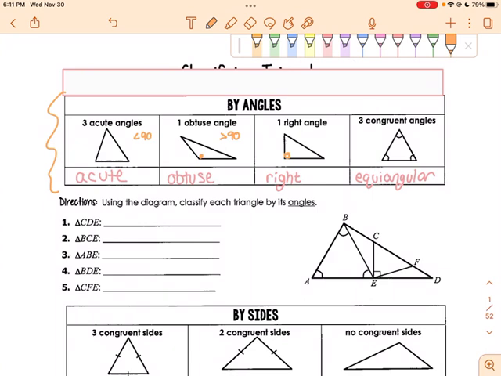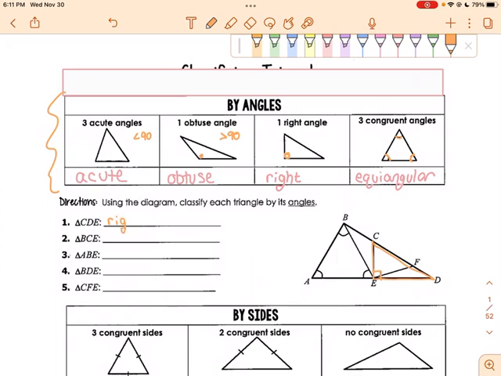If any are having a little box indicating 90 degrees, that's a right triangle because it has a right angle. And if all the angles are equal, they have the same markings, we call this equiangular. So it's like equilateral, but equiangular. So again, I'd like you to pause the video, try to fill in numbers 1 through 5 below, and then we'll go over them together.